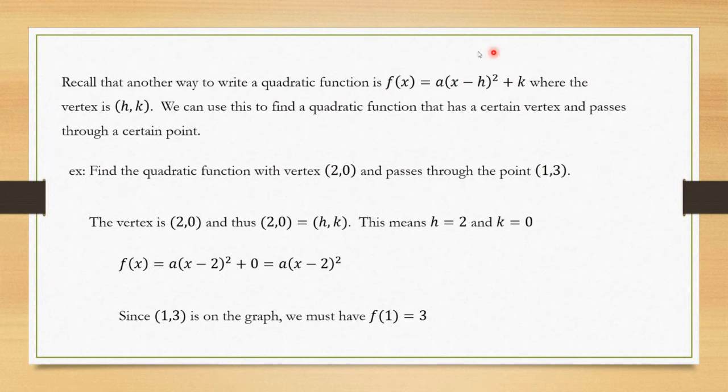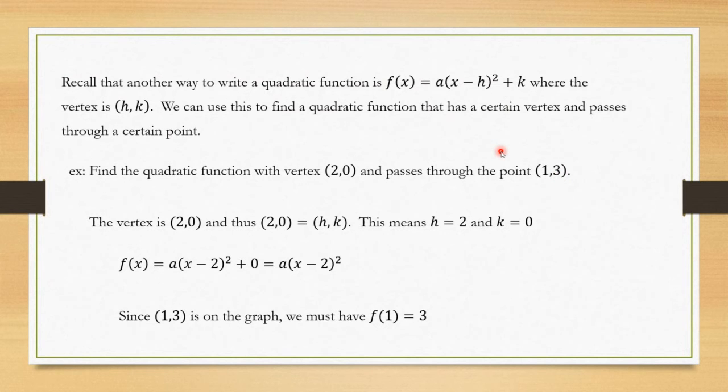Generally the vertex will be given, so that gives you h and k. Then you have to figure out what a is, and that's what the other point is for.